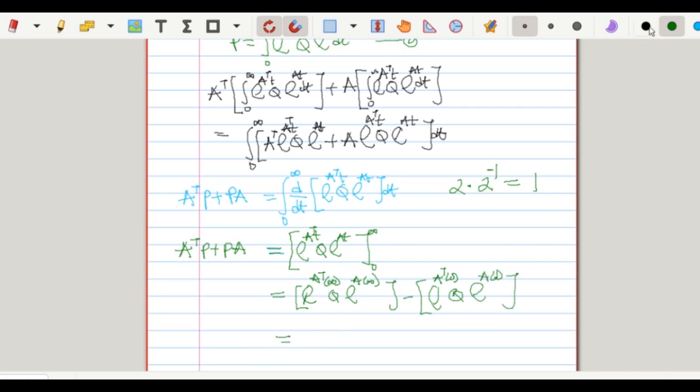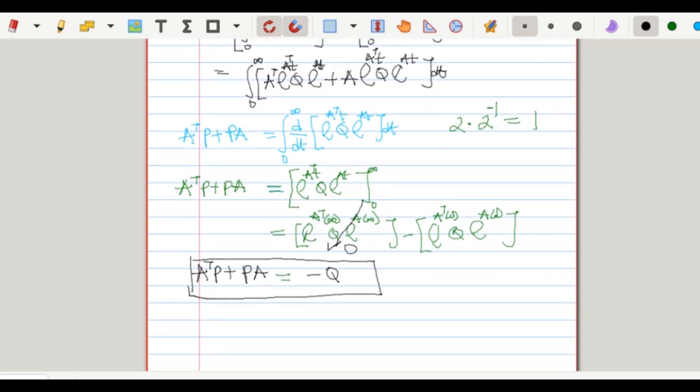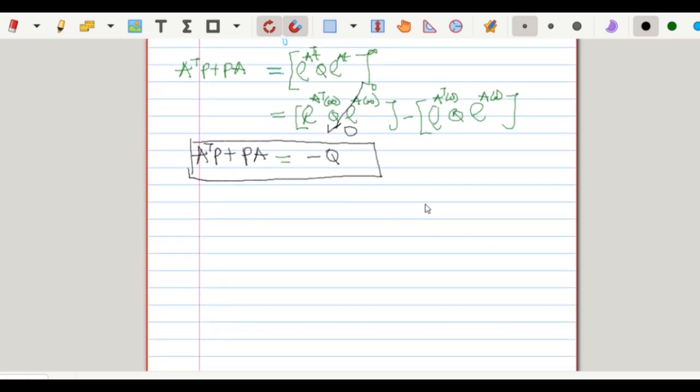Of course, the first one is going to go to 0, and exponential 0 is 1. So what you are going to have here is minus Q, and this A transpose P plus PA is your Lyapunov equation. They say it has negative real numbers, which is this negative Q, which if you bring it to the left hand side will become a plus Q.